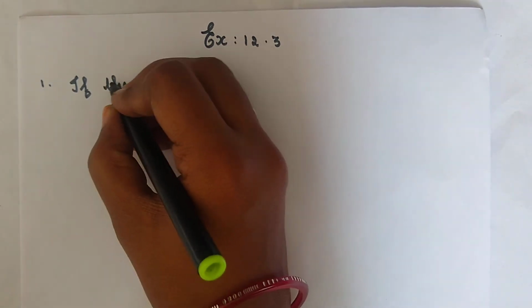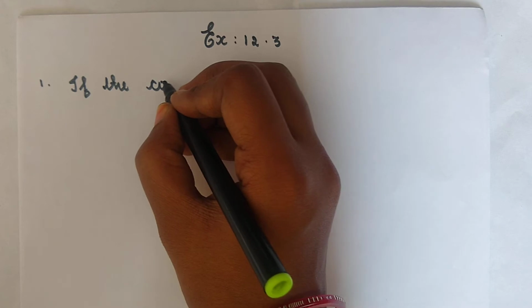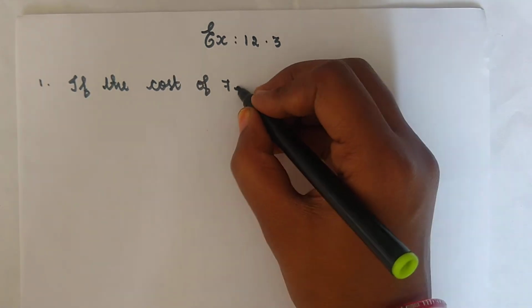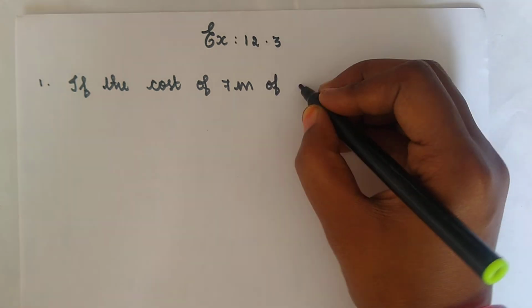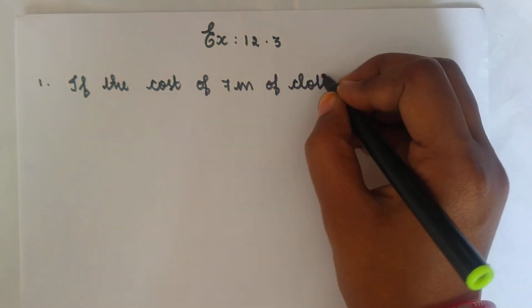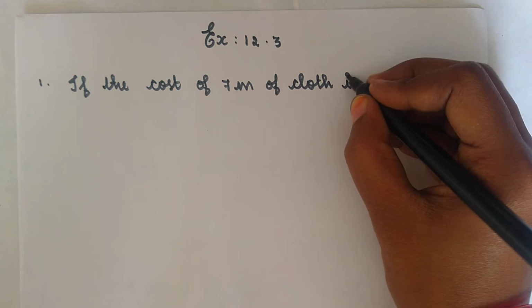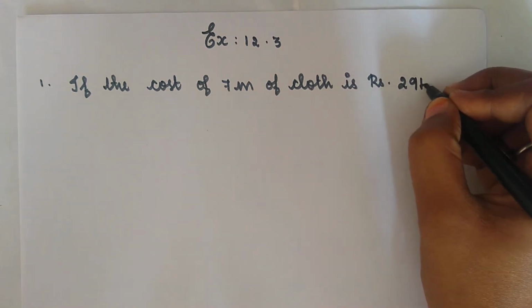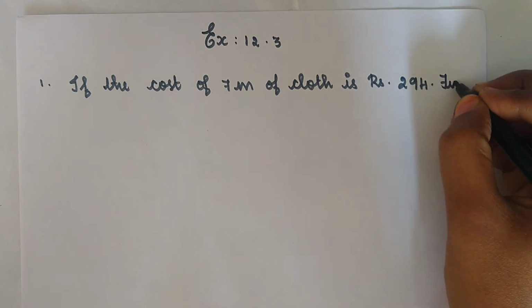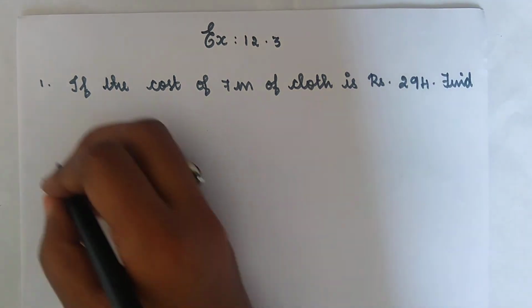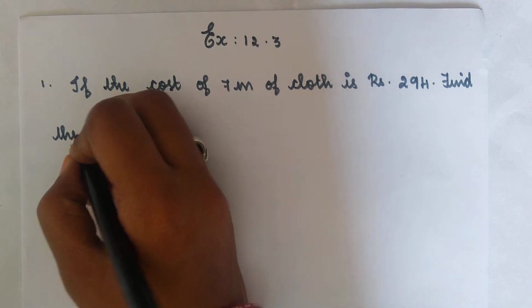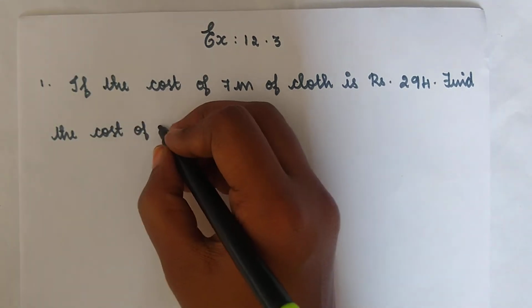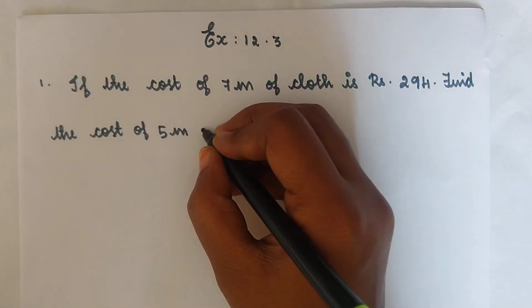If the cost of 7 meter of cloth is rupees 294, find the cost of 5 meter of cloth.